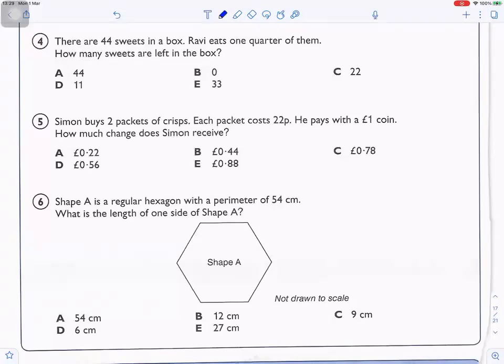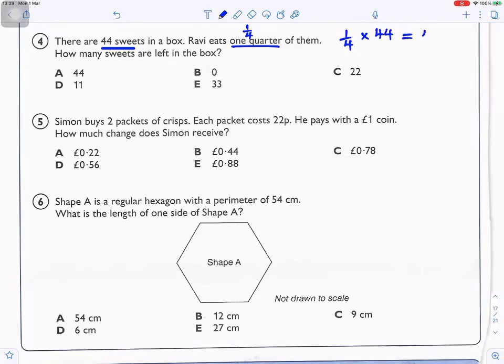Question number 4. There are 44 sweets in a box. Ravi eats 1/4 of them. How many sweets are left in the box? So we want to find 1/4 of 44. 1/4 of 44 is 1/4 times 44.